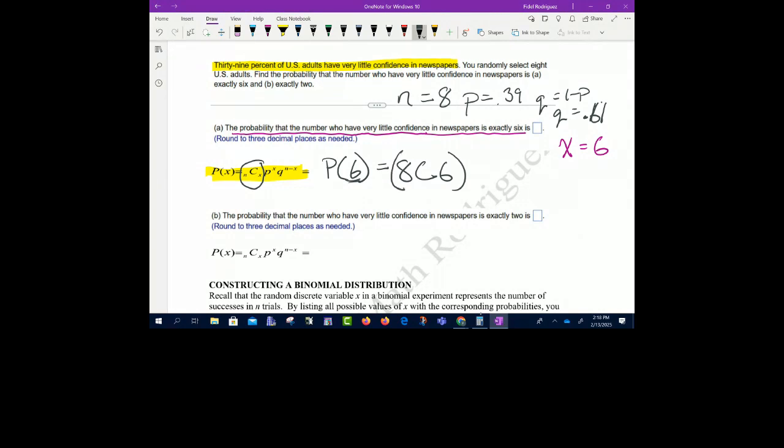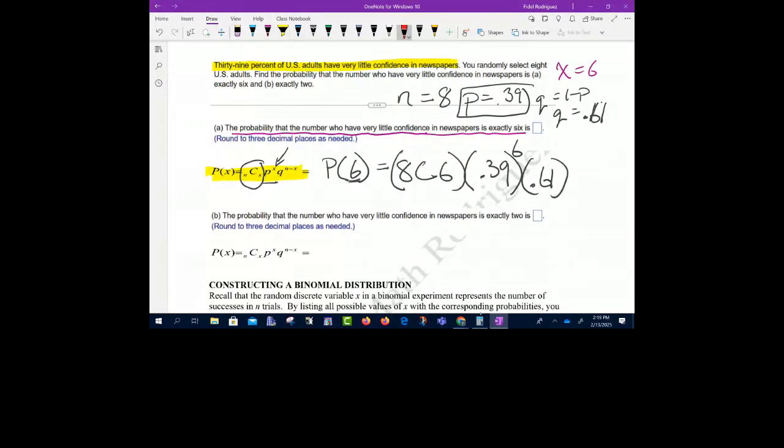Right next to it, we're going to put our value of P, which we said was 0.39. We're going to raise that to the power of X, and again, X was 6. And then right next to that, we're going to write our value of Q, which was 0.61. I'm just going to move this out of the way a little bit where I've got some room.